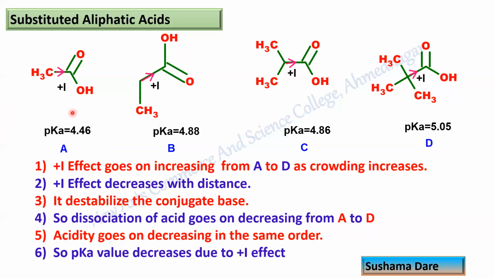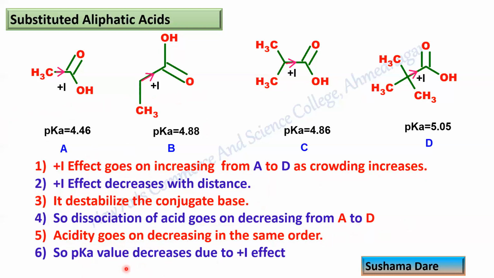The reason behind this is that the plus I effect goes on increasing from A to D as crowding increases. Plus I effect decreases with distance. So due to the plus I effect, what happens? It destabilizes the conjugate base. So dissociation of the acid goes on decreasing from A to D, and acidity goes on decreasing in the same order.